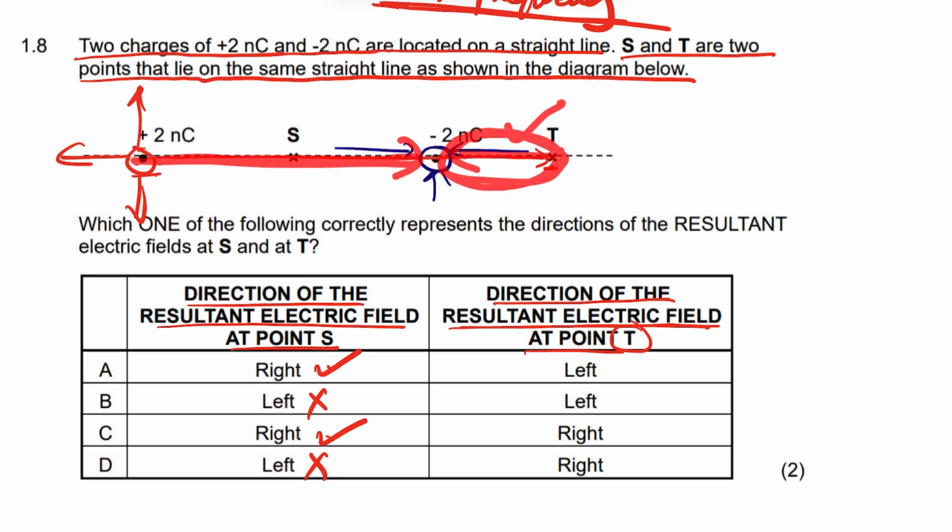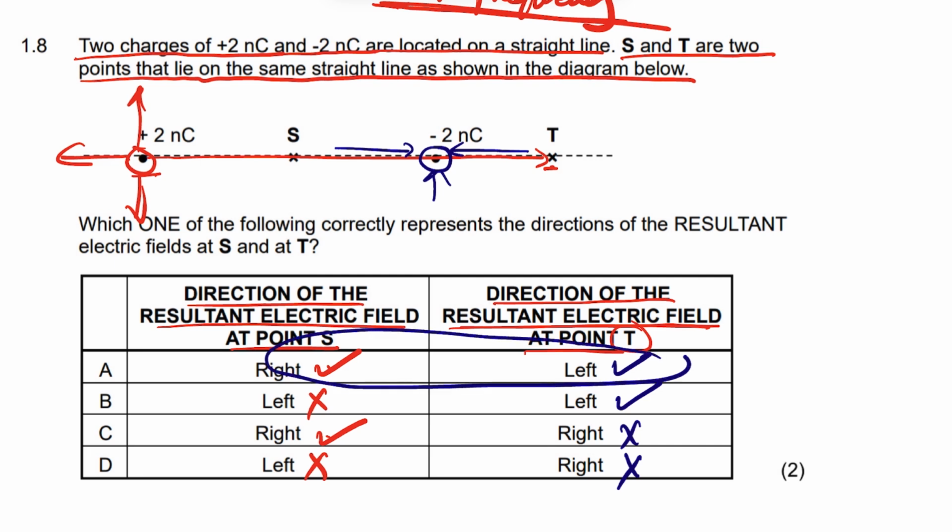The shorter the distance, the greater the electric field, so it's going to go to the left. The answer here is left, not right. So the correct answer in 1.8 is A.